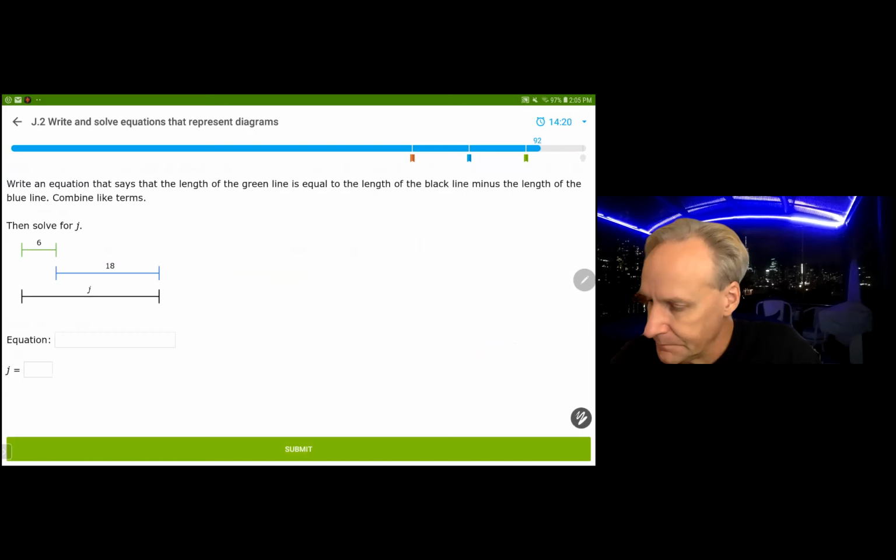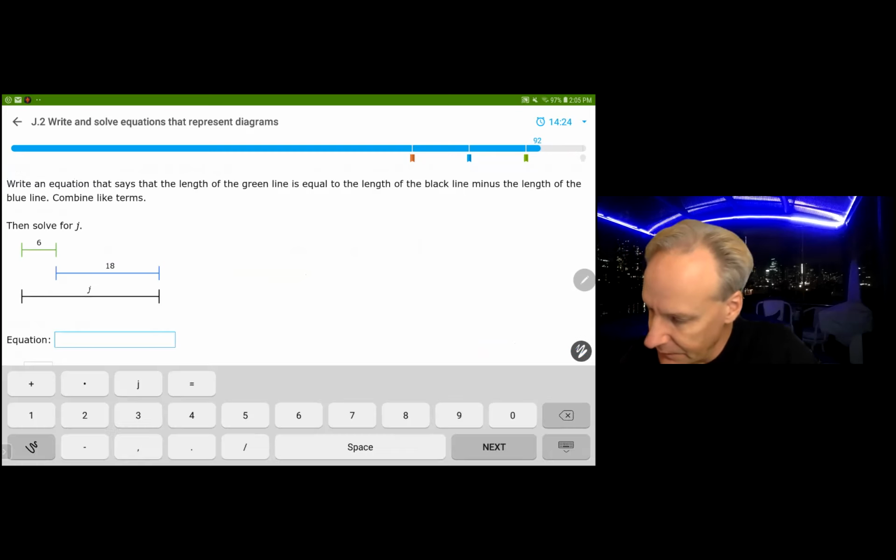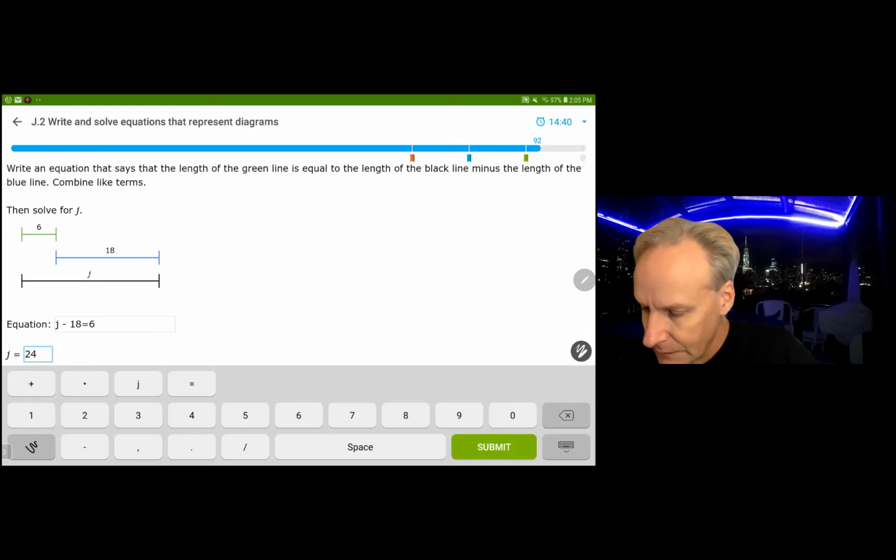And we're almost done. J minus 18 equals 6. I'll just type it in. J, don't forget the space, 18 equals 6. And of course, we know that that's 24. Yes, it is.